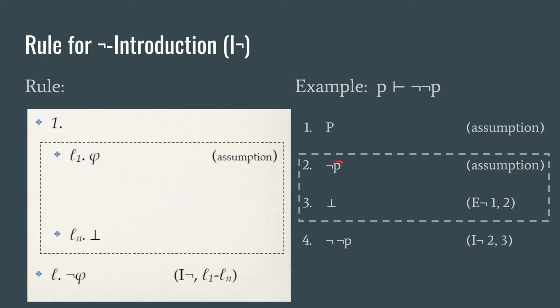The guilty assumption was not P, so we can stick a negation in front of not P. Now we have not not P, and that's exactly what we were after. So we're done with our proof, and of course we appeal to the rule as always. This was the introduction of negation, and which lines was it operative on? Lines 2 and 3.